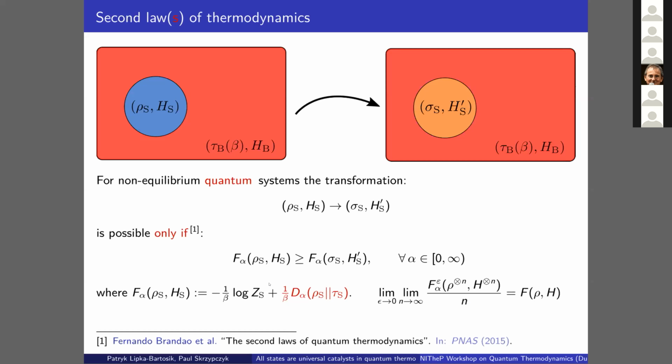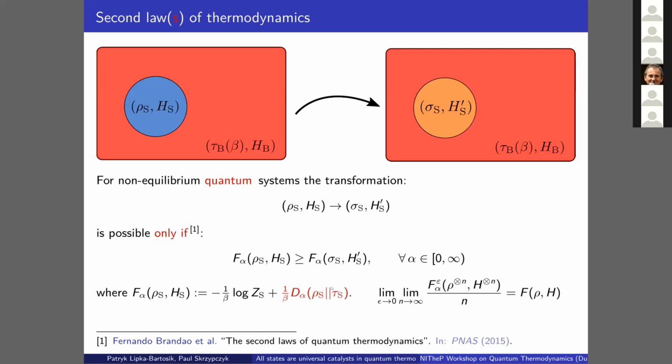And just a small side note, these were the quantities which were, I guess, introduced by Nelly on Tuesday, and here this additional term which we have in the definition of the generalized free energy is a Renyi relative entropy, which also quantifies the distance. It can be thought of as quantifying the distance from the non-equilibrium state to the equilibrium state.